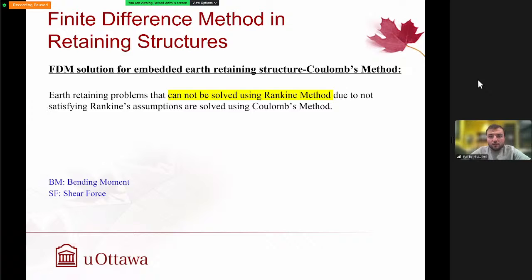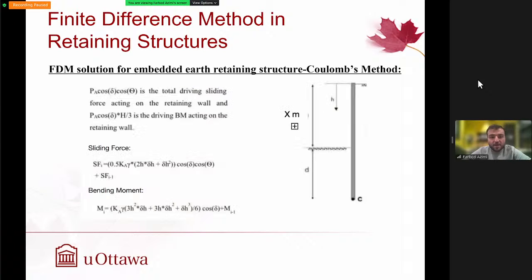For the Coulomb method, if we cannot solve using the Rankine method, or we cannot satisfy the Rankine assumptions, we use this kind of method.